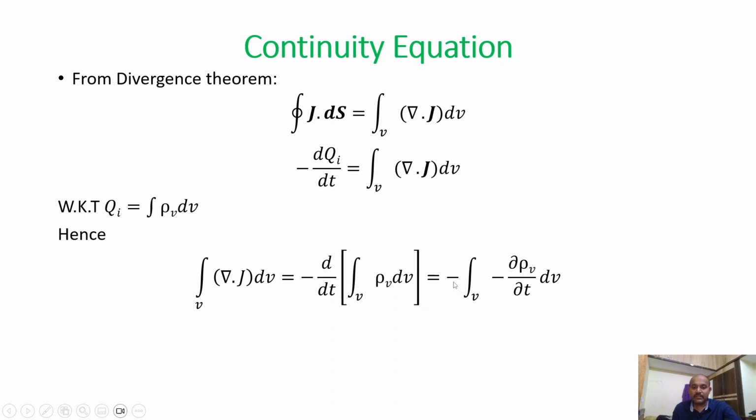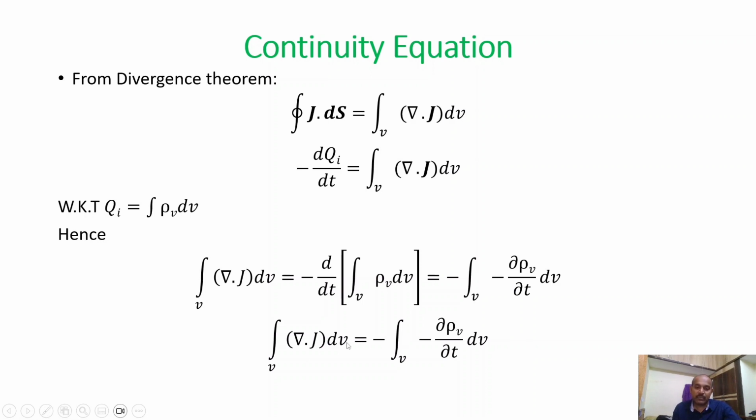So it is partial rho v by partial t into dV. I equate this: the volume integral of del dot J dV equals minus the volume integral of partial rho v by partial t into dV. There is only one minus actually; I wrongly wrote two minuses here.